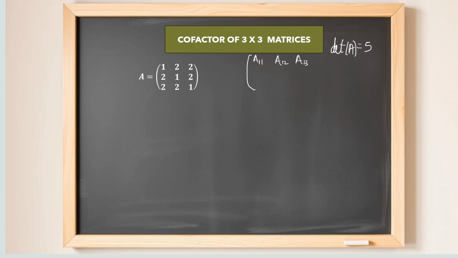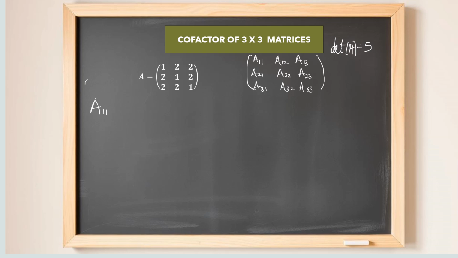Here we have A21, A22, A23, and here we have A31, that is the third row, A32, and A33. This makes a 3 by 3 matrix. Now, we're going to calculate each of them one by one.